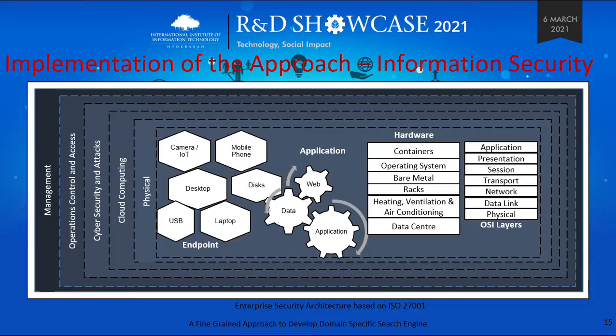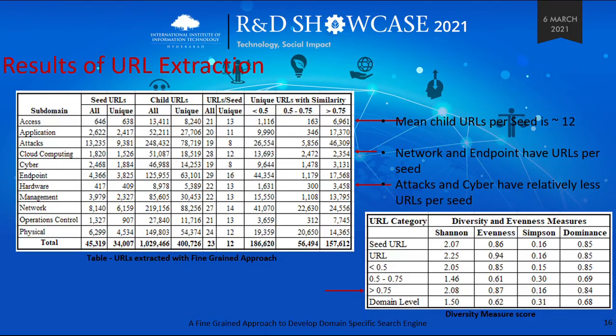This approach we implemented on enterprise architecture specific to information security, and these are some of the results. What you could see is that for the period that we ran, we were able to extract about 400,000 URLs and about 34,000 seed URLs with good representation of all the subdomains specific to enterprise architecture.